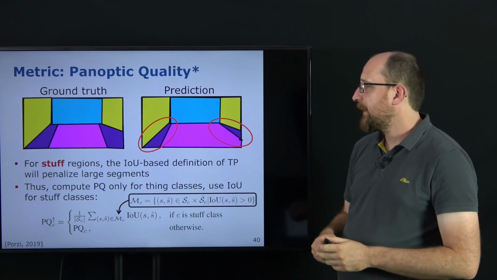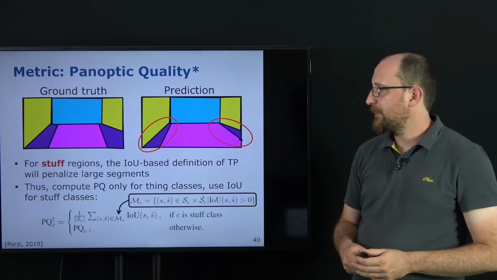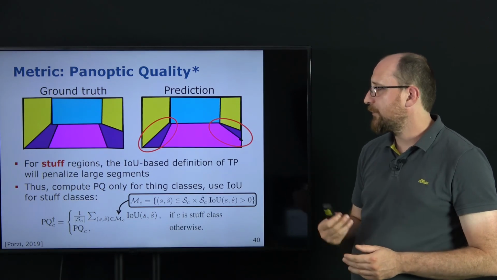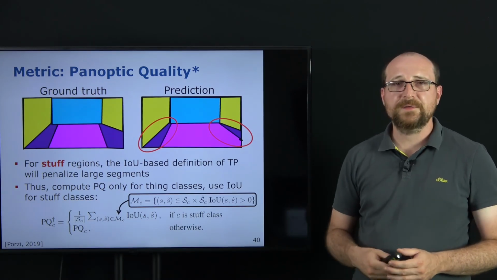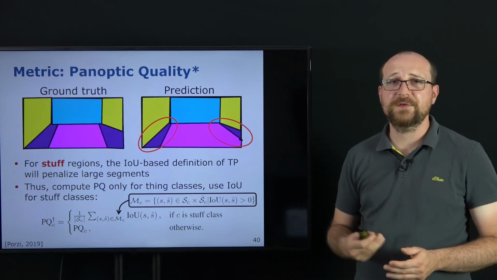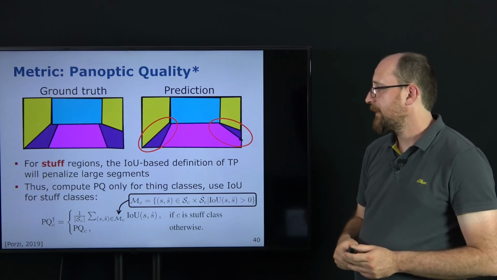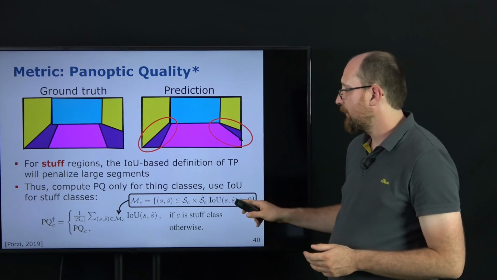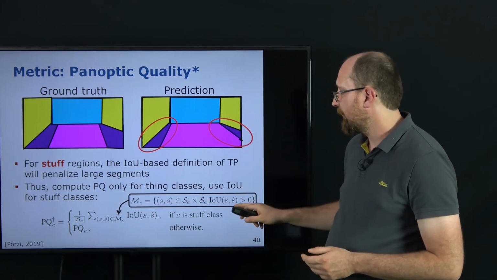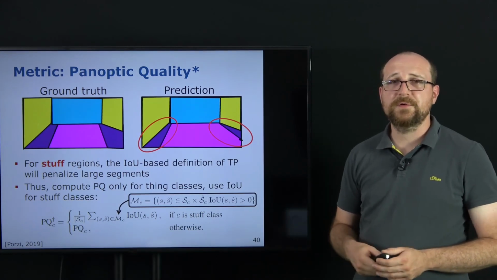And therefore, the authors of the seamless scene segmentation paper propose to use the class-wise panoptic quality only for the thing classes, and use just the intersection over union for the stuff classes. This is then as follows: we are associating all segments from the stuff class which have an intersection over union larger than 0.